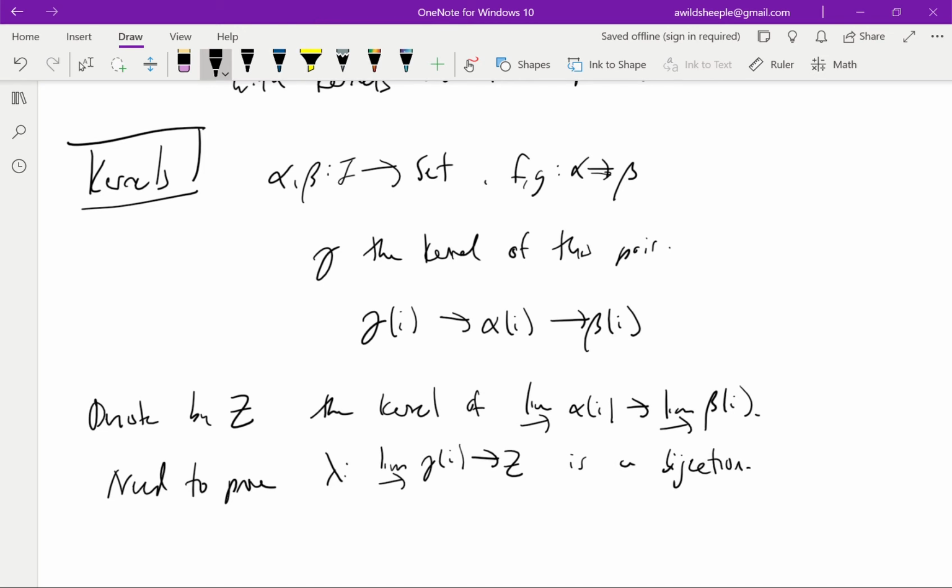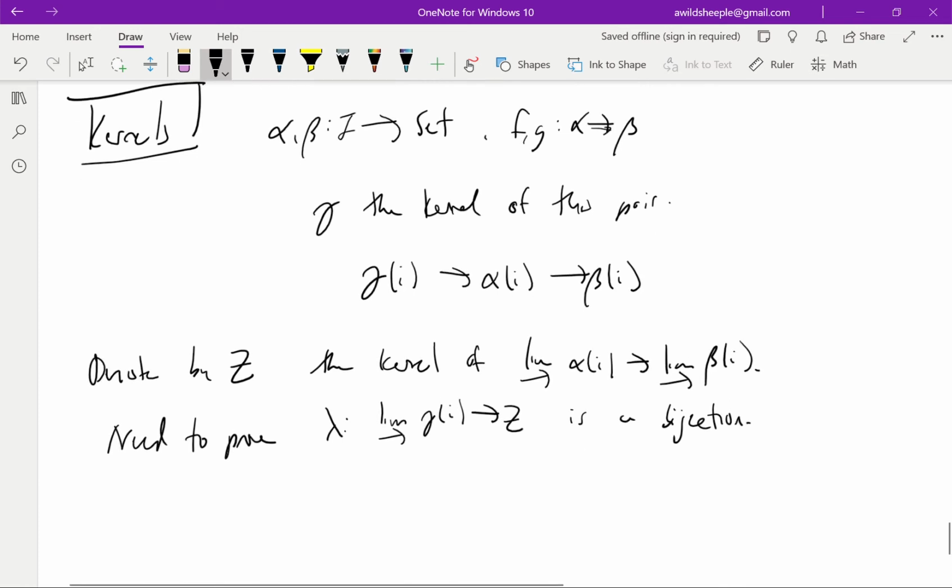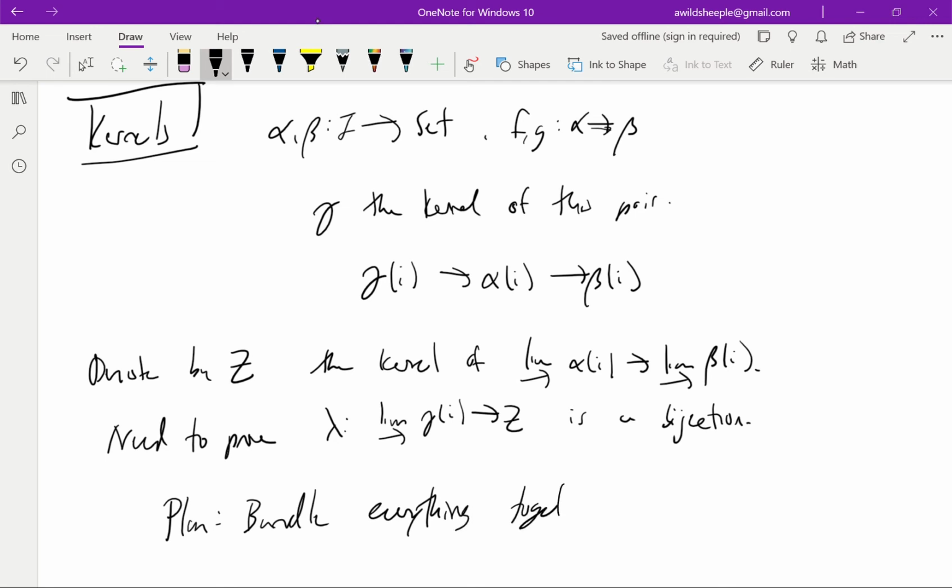So the idea of our proof is that our definition is that a kernel is this equalizer. And since we're doing this on the level of functors, we think of this as a family of equalizers indexed by the category I. So our plan is to just bundle these together. And then, since both of these objects are essentially initial objects over the equalizer diagram, they should be the same.